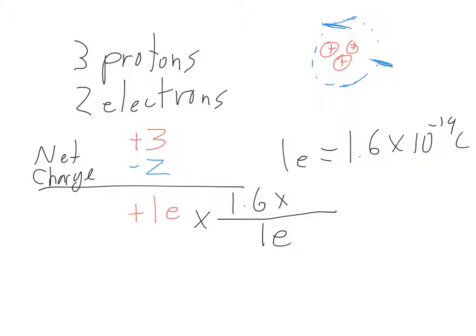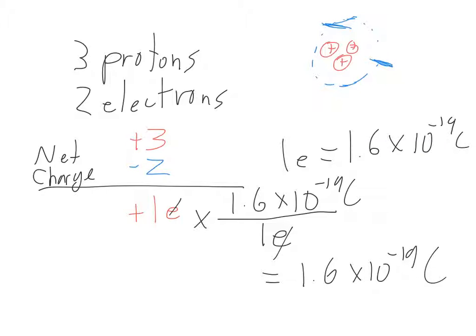And I'm going to multiply that by the 1.6 times 10 to the minus 19 coulombs. So I do that multiplication, and elementary charges cancel out. And the charge on this lithium ion would be a positive 1.6 times 10 to the minus 19 coulombs.